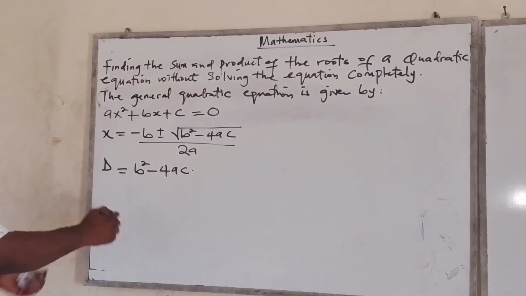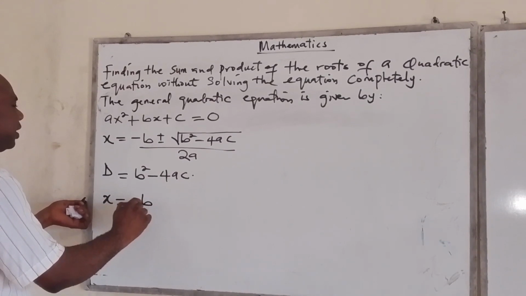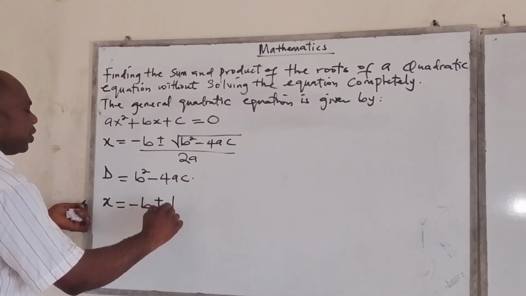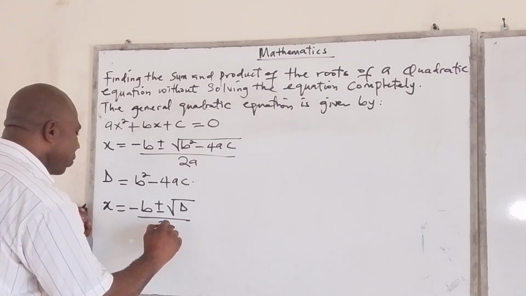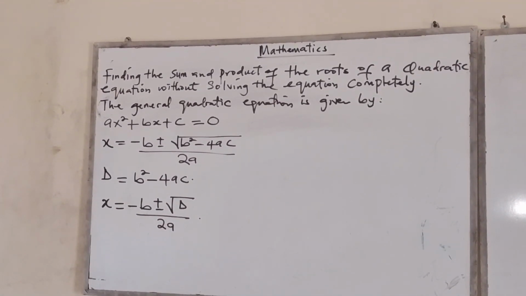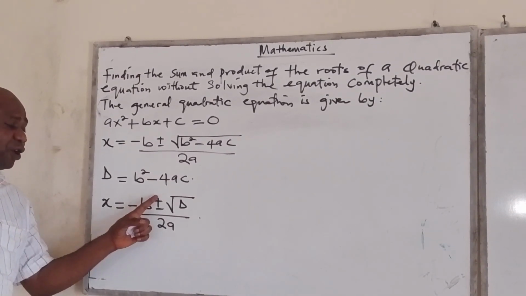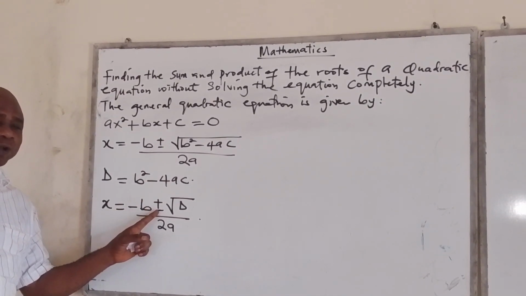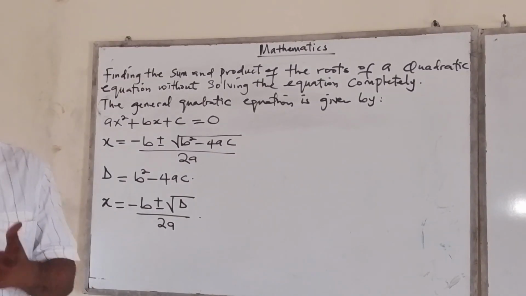Now, it means our x is equal to minus b plus or minus the square root of the discriminant all over 2a. Now, looking at this value of x, we have two values because here we have plus and minus, so it means we'll definitely have two values for x.